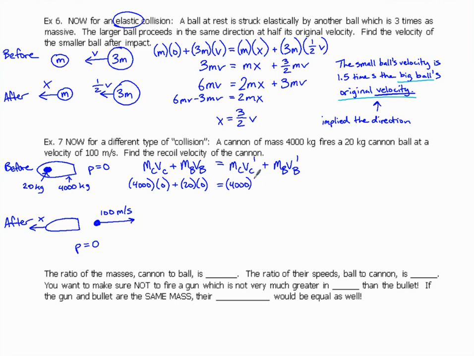The velocity after, the velocity of the cannon prime, is x. That's the recoil. That's what we're looking for. Plus the mass of the cannonball is 20. And the new velocity of the cannonball is 100 meters per second.